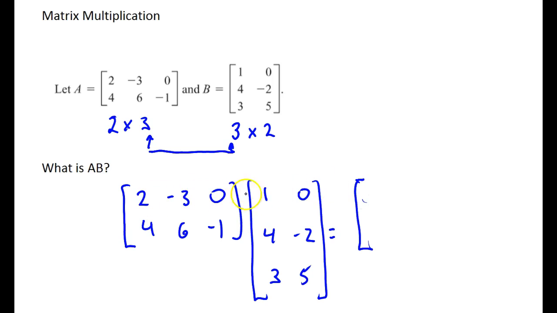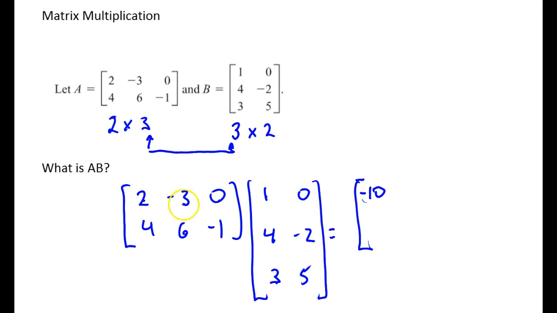As I multiply these terms times these terms, I'm going to add them together. So I'm going to go 2 times 1 is 2, plus negative 3 times 4 is negative 12. So I have 2 plus negative 12 is negative 10, plus 0 times 3 is 0. So that was first row, first column. In the first row, first column position, I put negative 10.